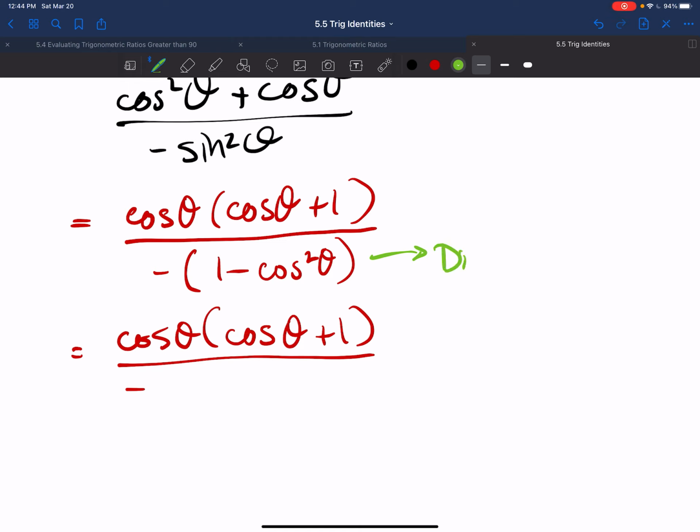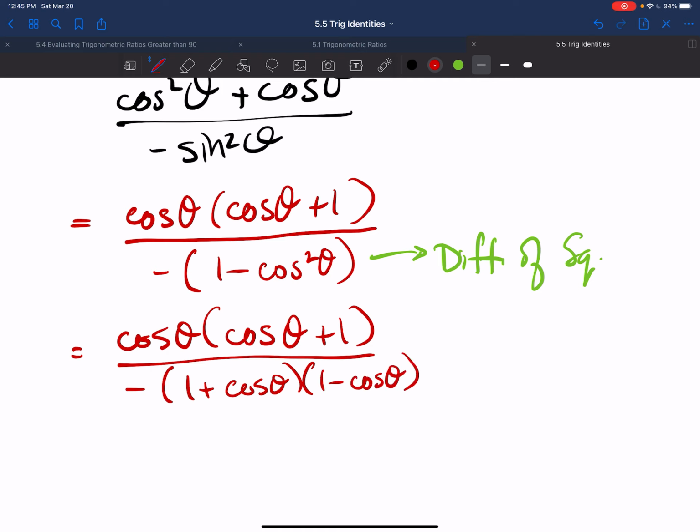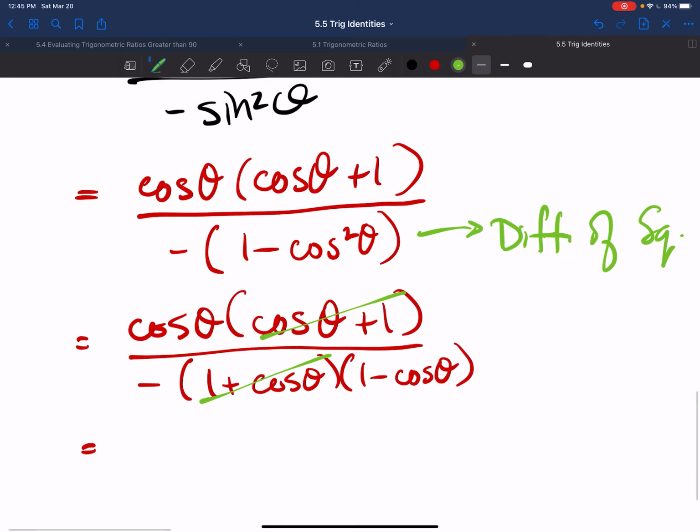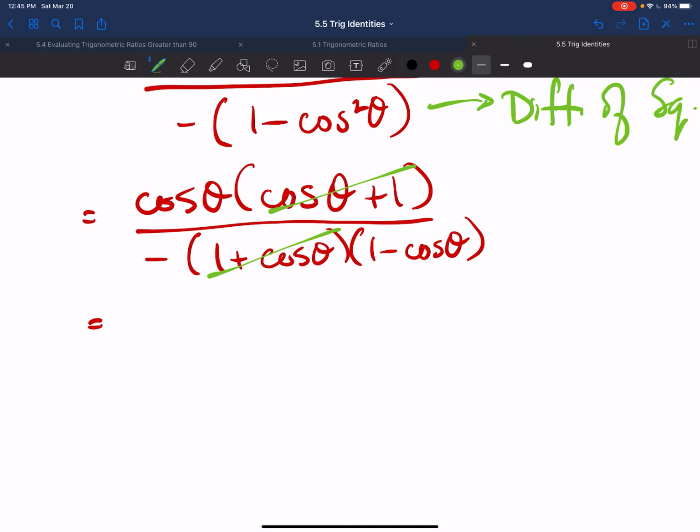This is a difference of squares. 1 minus cos squared theta. Those are two perfect squares, so 1 plus cos theta, 1 minus cos theta, which means these two things will cancel out. They're not in the same order, but they're equal.